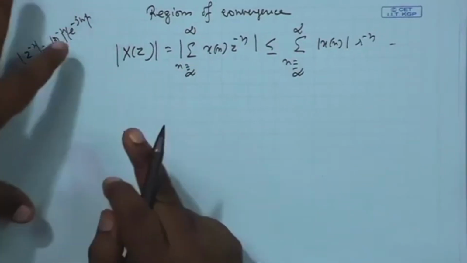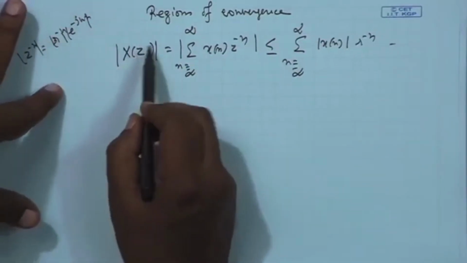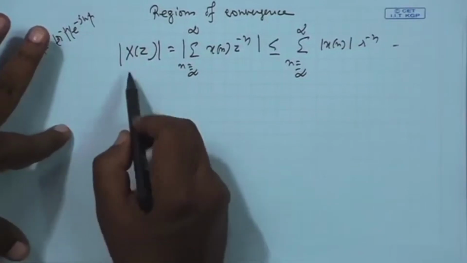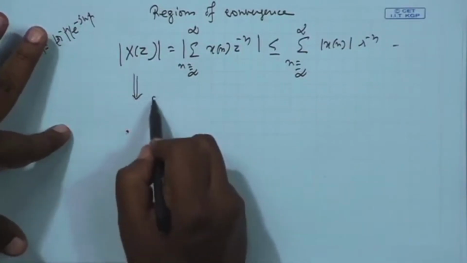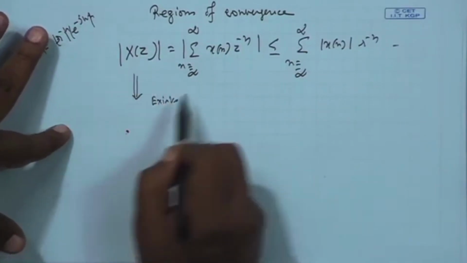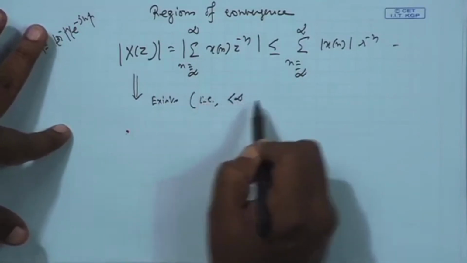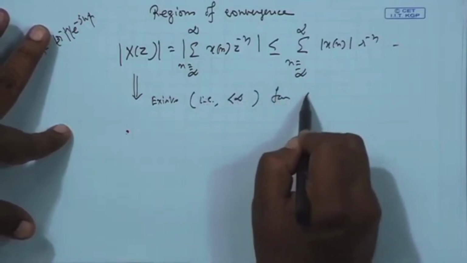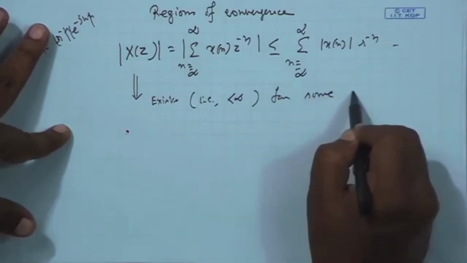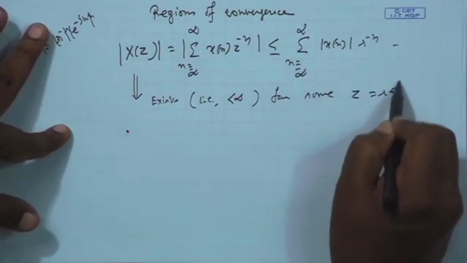Now, suppose this mod X(z) exists, that is, it is finite for some z with magnitude r and angle omega, z equal to r e to the power j omega.